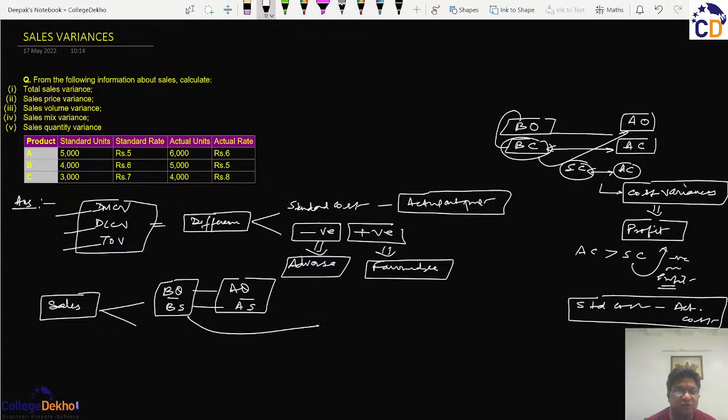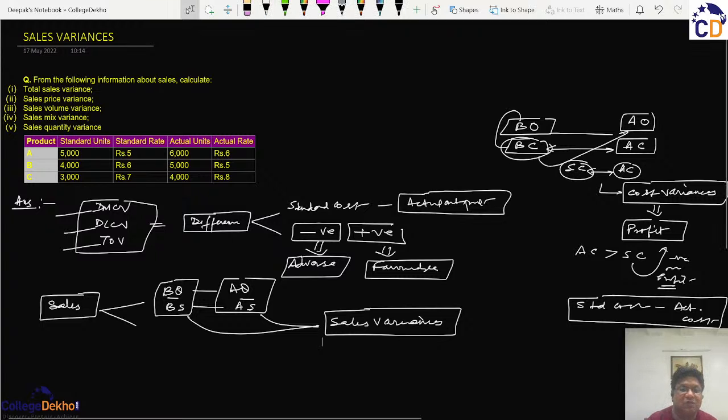So we will only show the concept of budgeted sales, and if some books show standard sales, that is synonymous with budgeted sales.